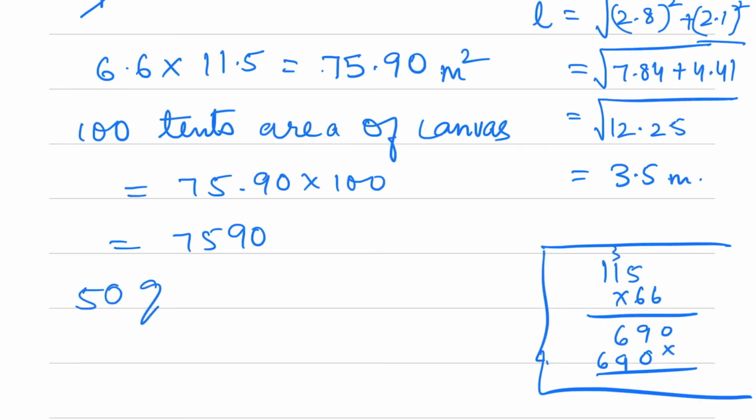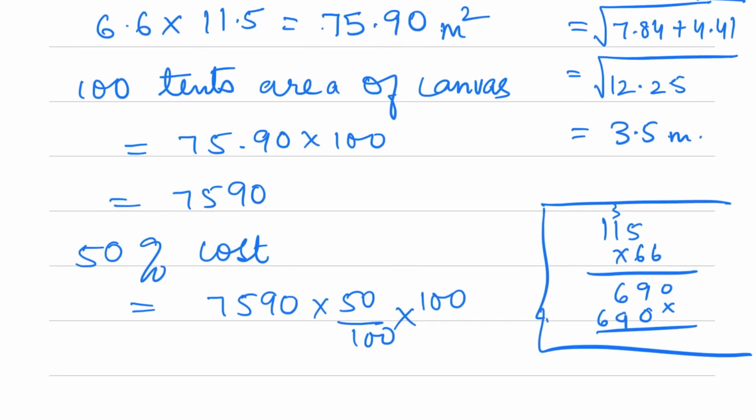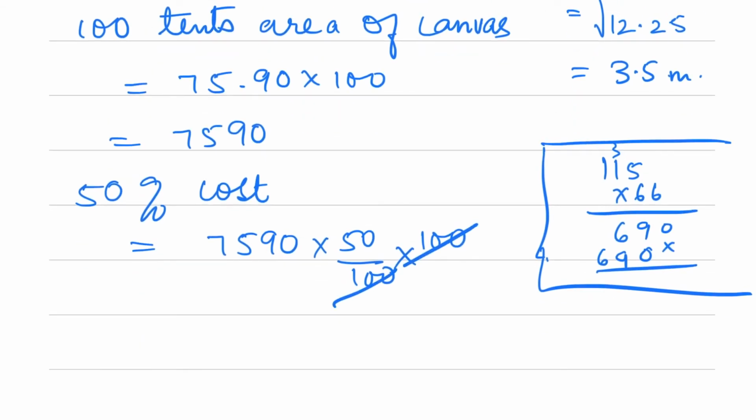So 50% cost will be equal to 7590 tents, and 50% will be 50 by 100. Cost is rupees 100 per meter square. This gets cancelled by this. So we have 2 zeros, 45, 25, 29, 237. So this much will be the cost answer.